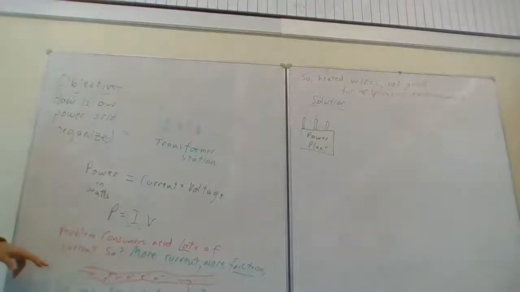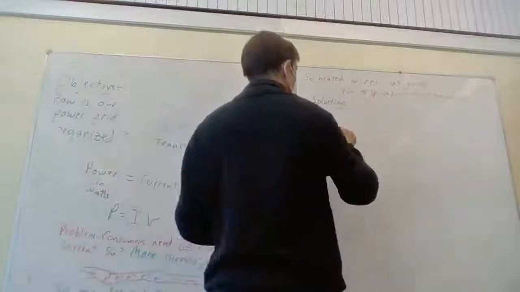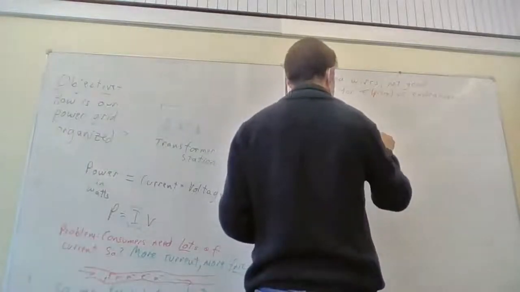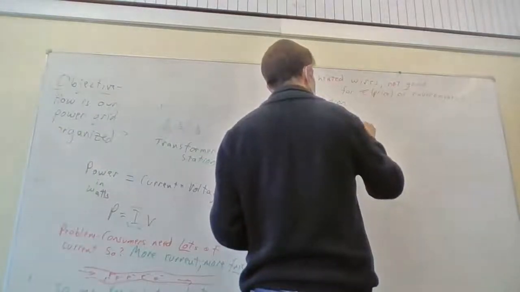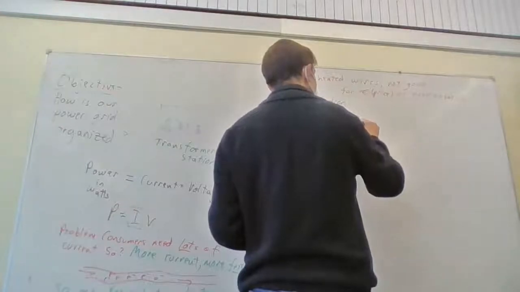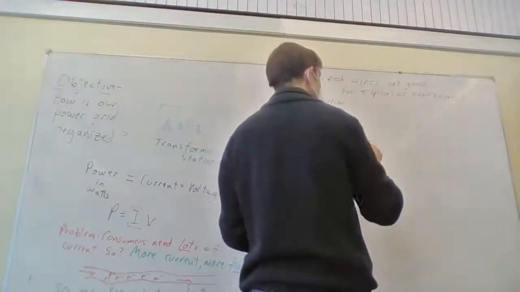Now, we want to send out the electricity with a low amount of amps because I don't want to heat the wires. So let's send out a wire, and we're going to call this low current. But guess what? To be low current, I've actually got to have voltage to do it.